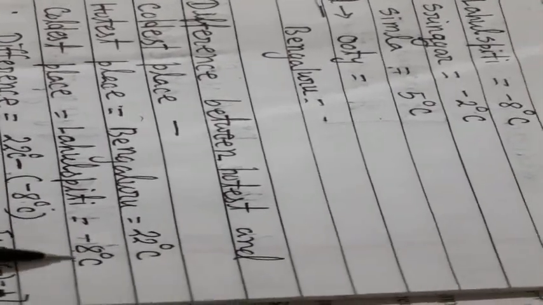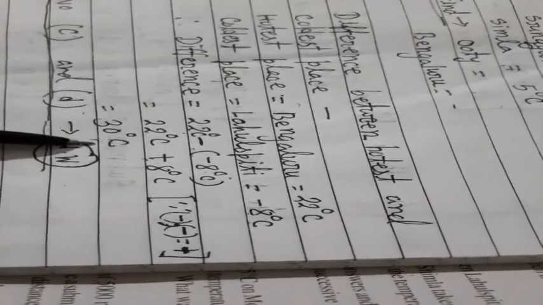We use this minus because this temperature is minus. Now minus minus equals plus. That means 22 degrees Celsius plus 8 degrees Celsius equals 30 degrees Celsius. Therefore, the temperature difference between the hottest place and the coldest place is 30 degrees Celsius. Okay.